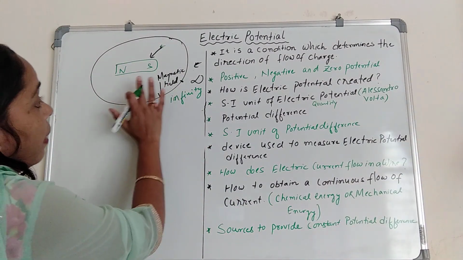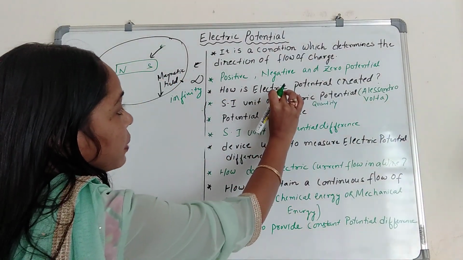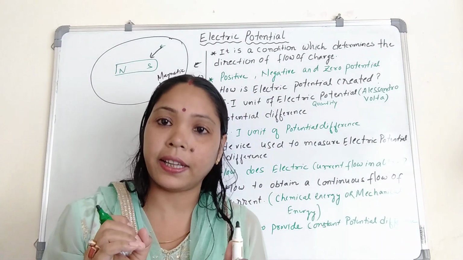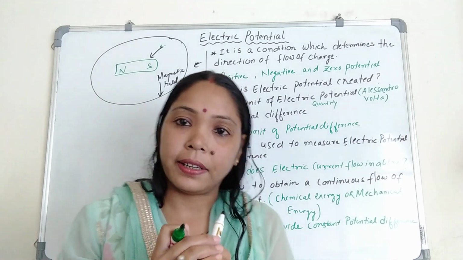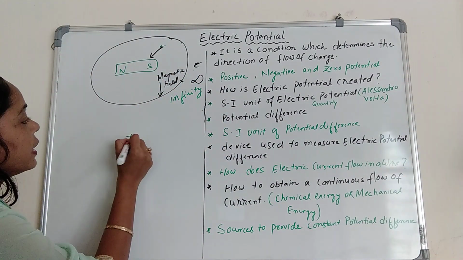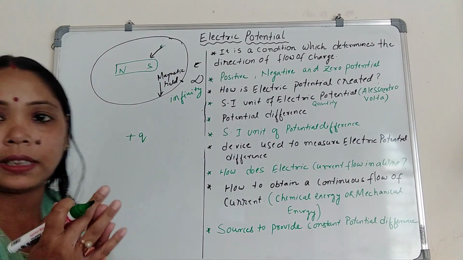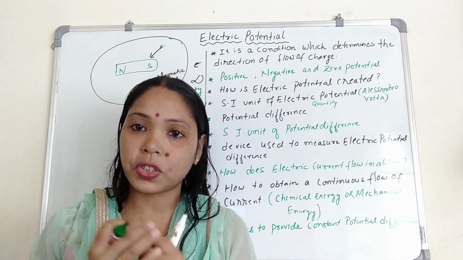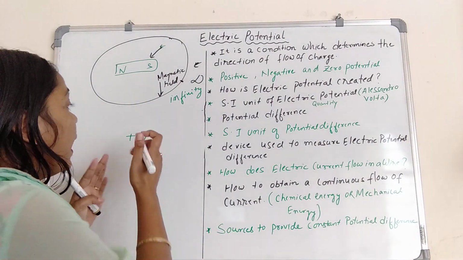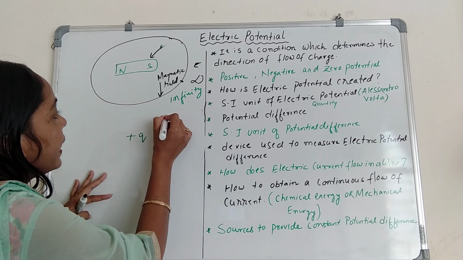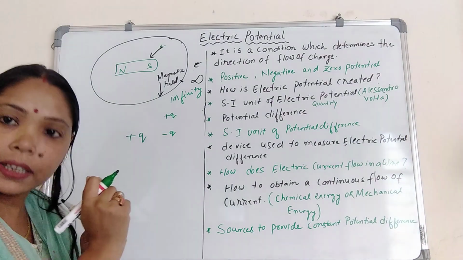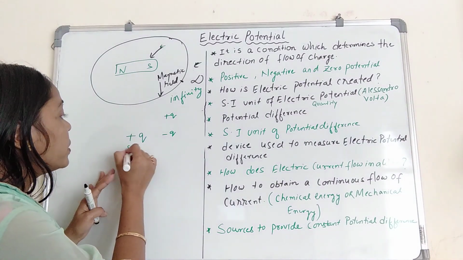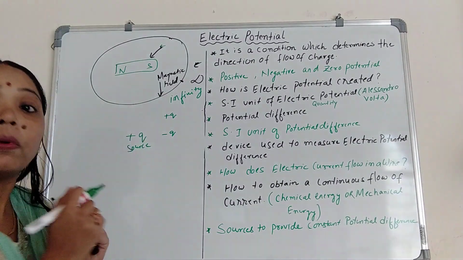In the same way, to understand the electric potential, we should know about the electric field. Now suppose you have a positive charge, and you consider this one as a source charge. Here also, if you have another charged body, positive or negative, near this source charge, what will happen?